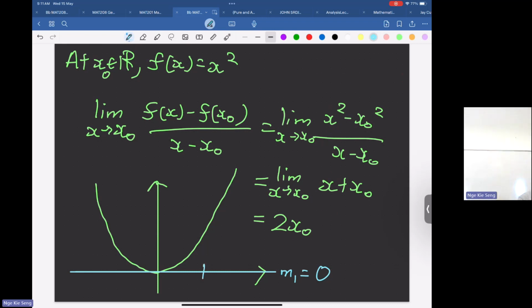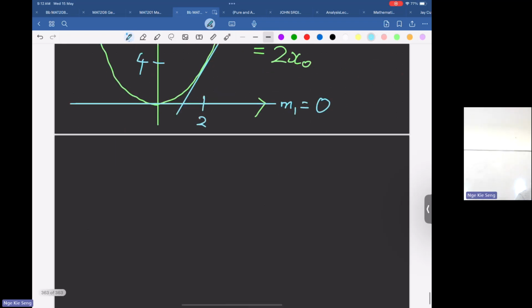If x equals 2, f(x) equals 4, right? Then what's the gradient of this line? 2 times 2, which is 4. So this limit here is a function of points, a function of your domain.